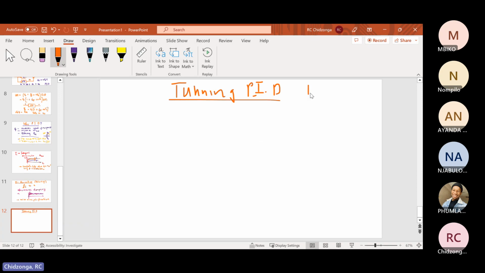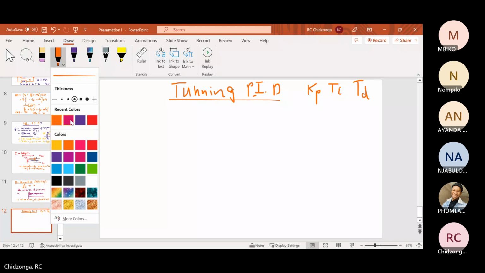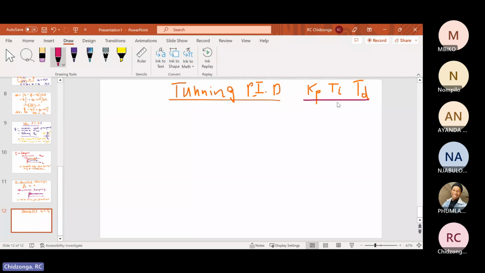Tuning means setting the values of KP, TI, and TD. What values are you going to have in order to make sure that your process behaves in a desirable way? That is what we call tuning, like tuning a guitar. How do you select the values of these three terms of the PID controller?